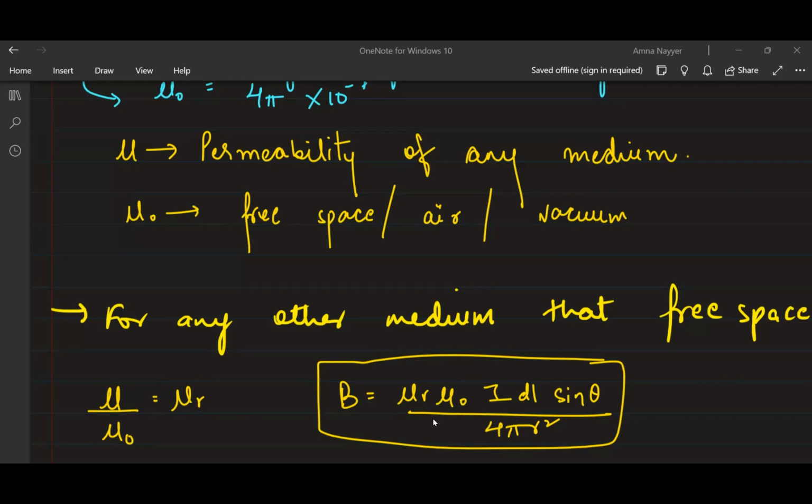This is for a material. You can write mu m so that you remember. So the formula technically would have been mu m I dl sine theta divided by 4 pi r square. Now instead of this mu m, we can use mu r into mu naught. That's what I've written because you will be provided with the relative permeability rather than the material's permeability.